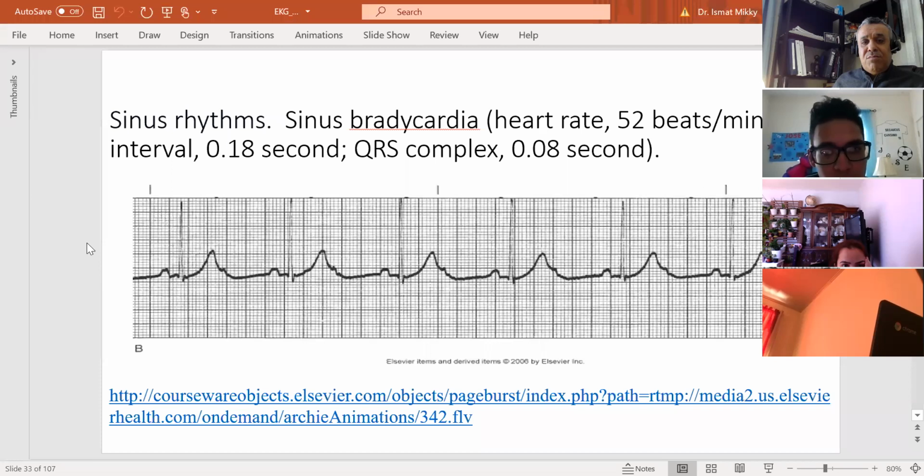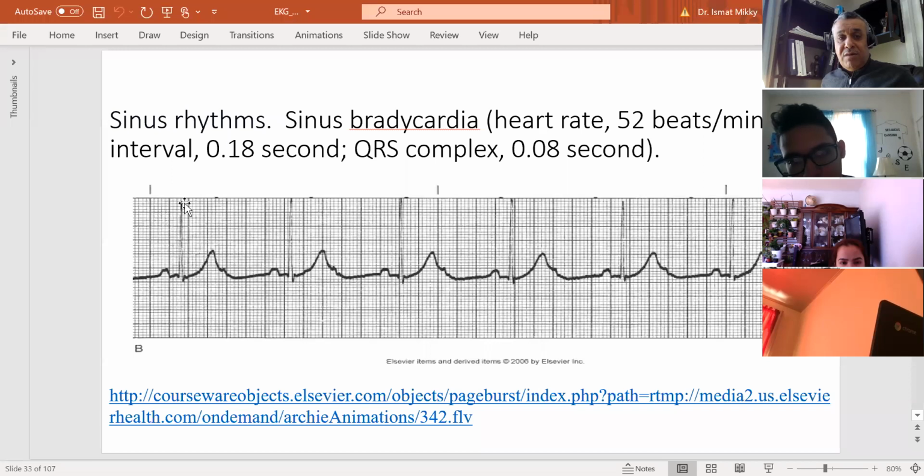Now the sinus bradycardia. See how in the sinus tachy the R wave to R wave was very close to each other, and now the R wave to R wave are far from each other. So we have a longer distance than the previous EKG strip, which was the sinus tachycardia. We analyze the same thing: P wave, QRS.